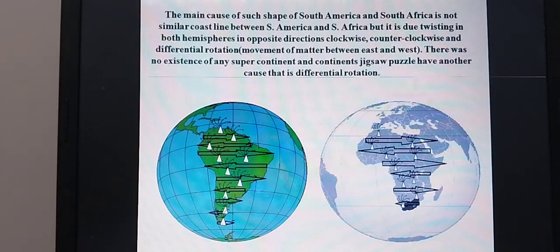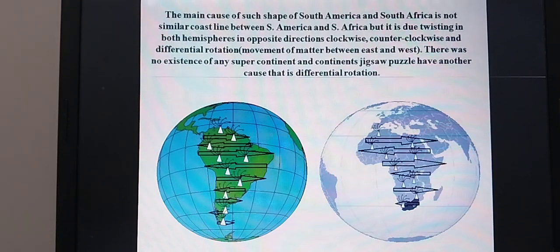Actually, there was no supercontinent Pangaea, and the breaking of Pangaea we are explaining in this part 6 of a new geoscience.